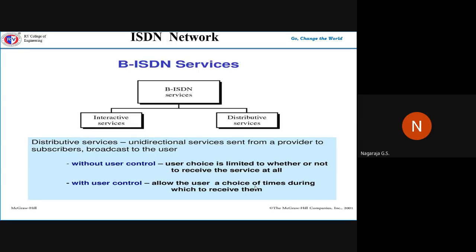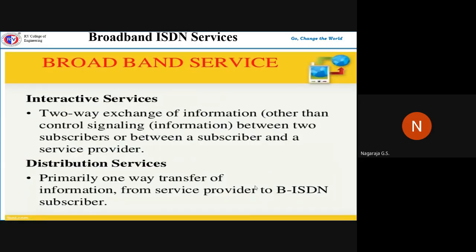That is what we need to think about. I think you can write a lot of differences and examples relating to interactive services and distributive services, maybe relating to a number of applications, whatever we do on our day-to-day basis.